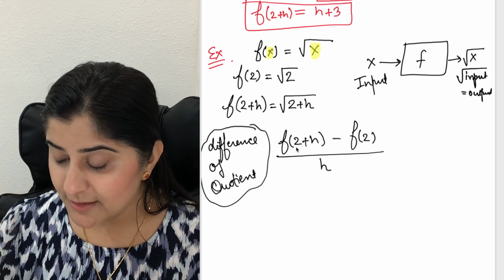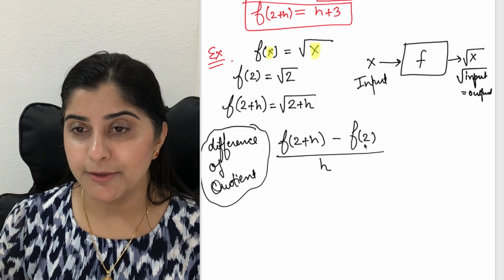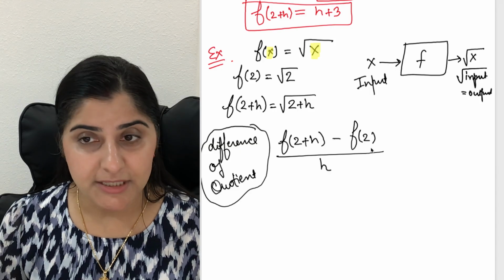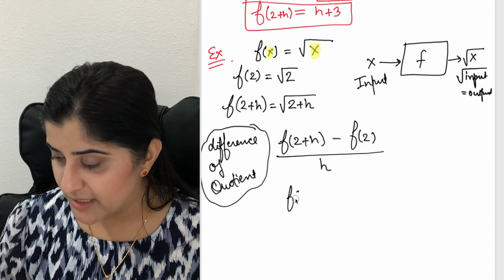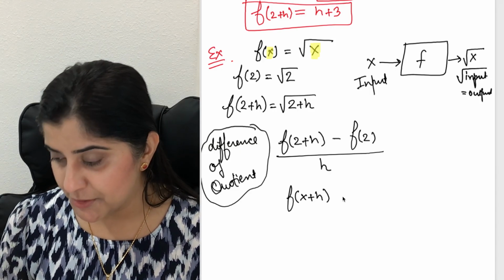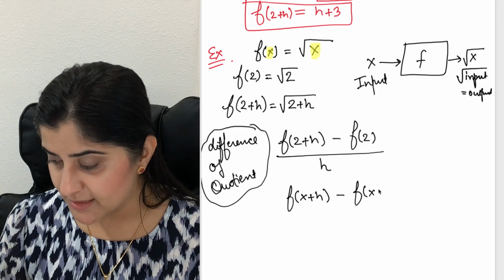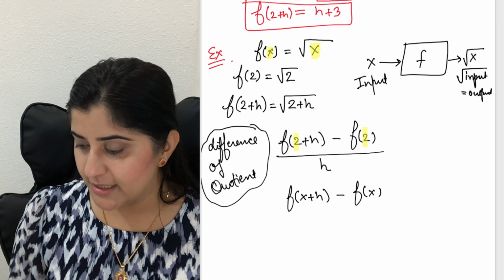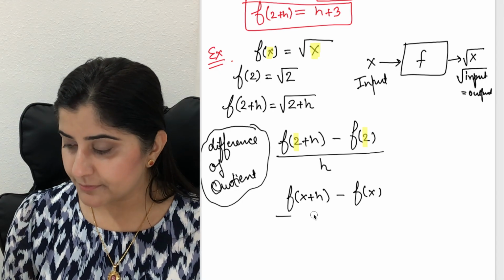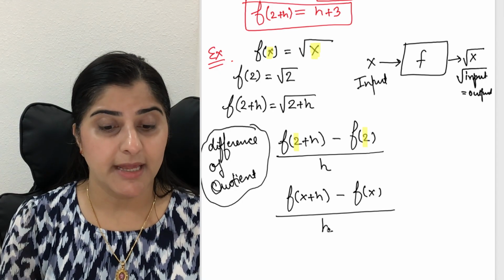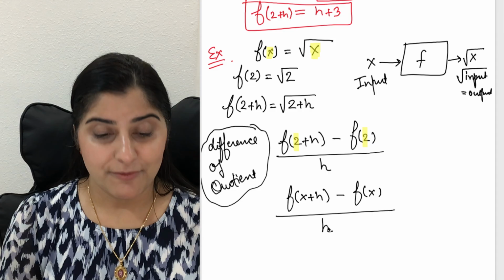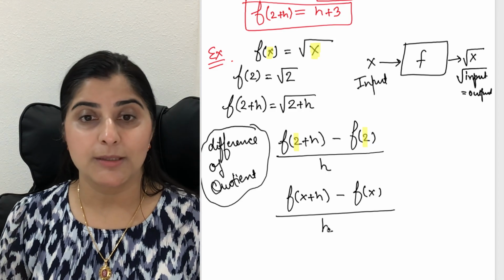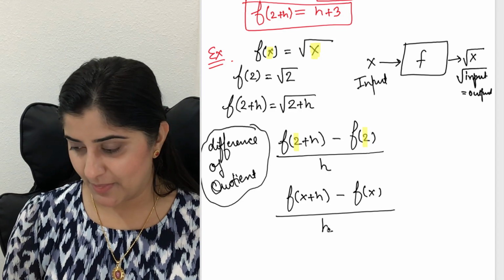Here I'm using 2, but here it can be any value. It can be 3, 4, or just x. So if we say f of x plus h minus f of x, this value and this value have to be the same. It can be any x, divided by h. This is again a difference quotient. This setup is called the difference quotient.